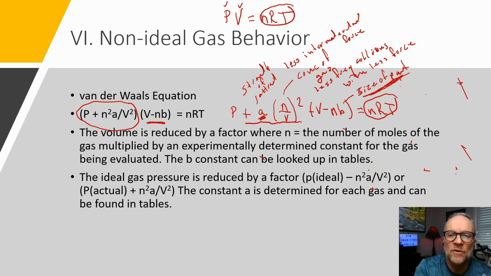And this n squared over V squared is just another correction for the pressure part. So, we won't do any calculations with this, but it is nice to know that when you do have compressed gases at low temperatures, you can have a correction factor available to predict their behavior.